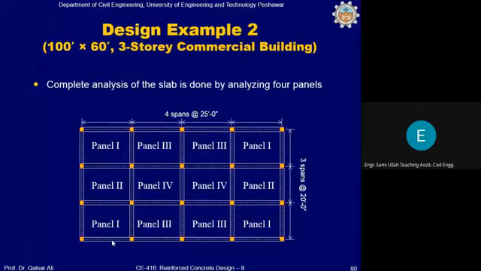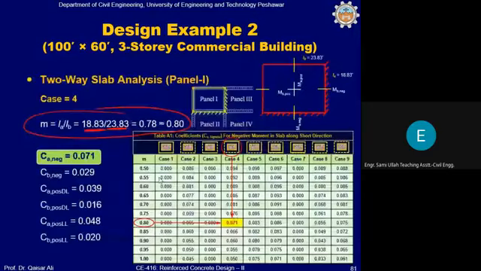Complete analysis of the slab is done by analyzing 4 panels. We have already discussed this. Panel 1, 2, 3 and 4. First of all, we will calculate m. So m is clear length in the shorter direction divided by clear length in the longer direction.